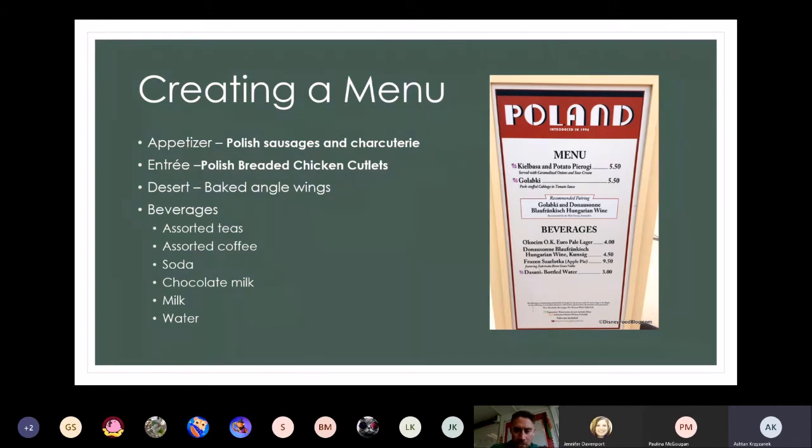And the entree was Polish breaded chicken cutlets, which is chicken with a bread crust around it with things such as mushrooms, eggs, and potatoes inside. And for the dessert, I had baked angel wings, which is a twisted pastry dipped in powdered sugar. For the beverages, I had assorted teas and coffee with soda, milk, chocolate milk, and water.